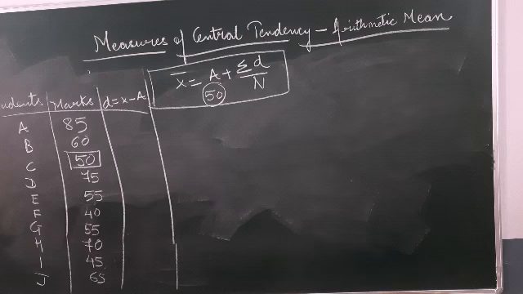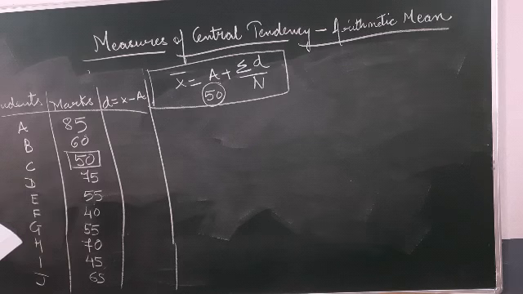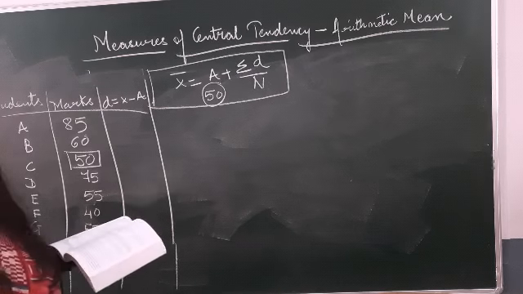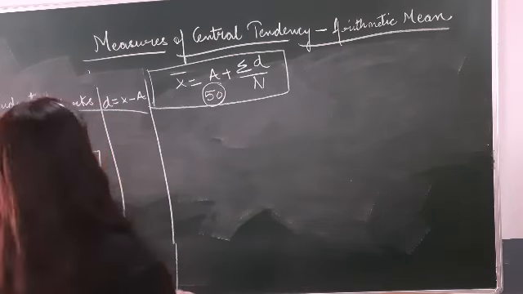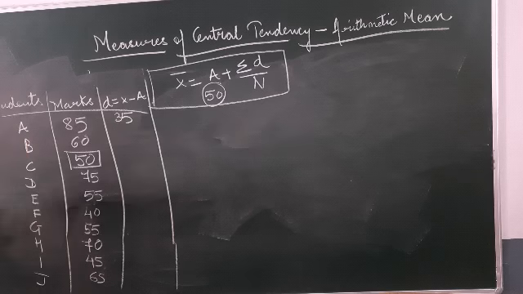Now calculate D, x minus A. X is 85. 85 minus 50, how much will the answer be? 35. Do the calculation properly. So you write 35.